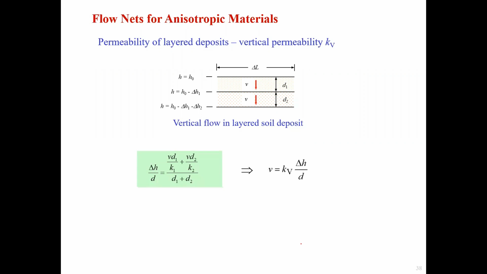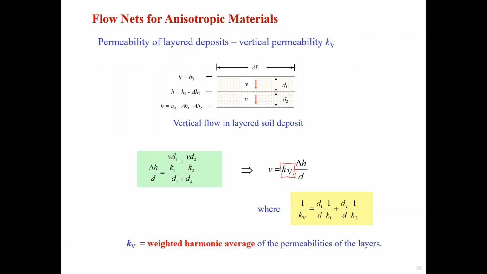Again, as with the horizontal permeability, we introduce another one, the vertical permeability, KV. This is the expression for KV, because KV will be some form of D1, D2, K1, K2, and D. That's the KV expression.